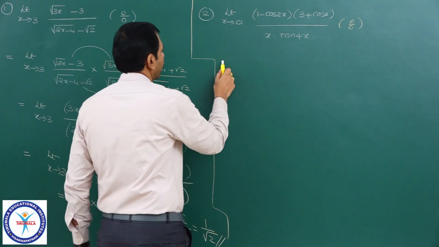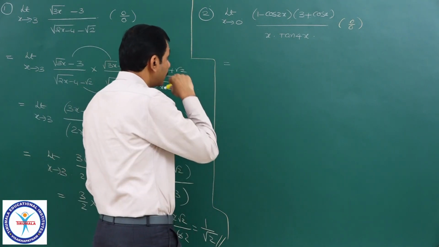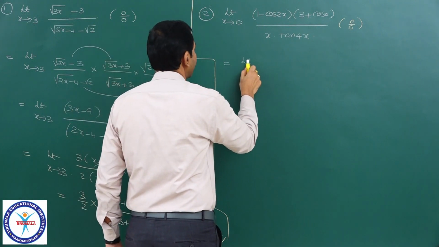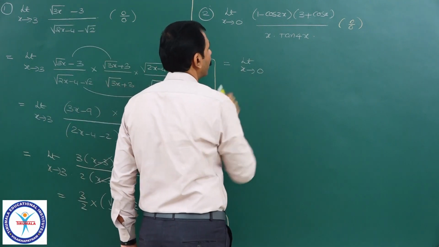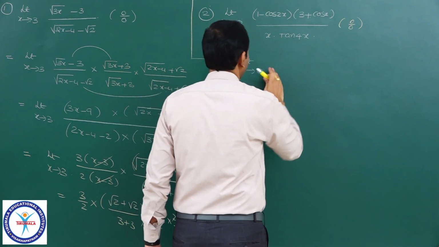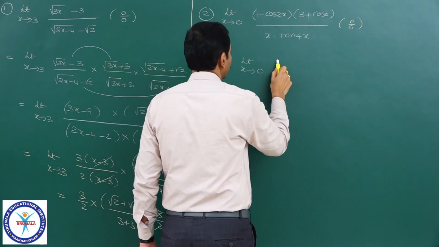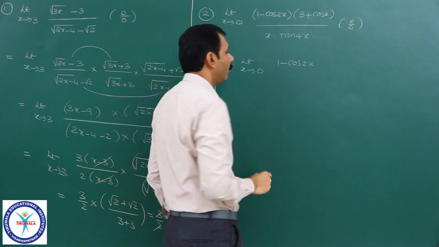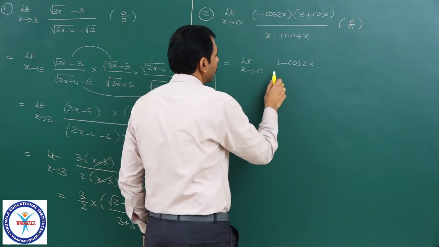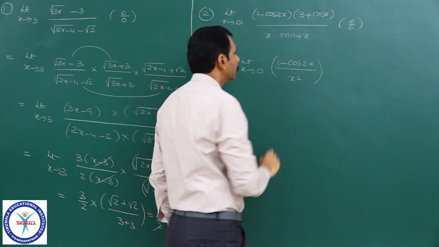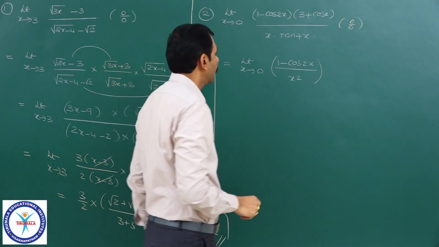Yes, we can evaluate. Because here it is a product of functions, what I will do, you see, it is a limit as x tends to 0. Here 1 minus cos 2x is there. We know I can evaluate this one if the denominator is x square. Observe this.